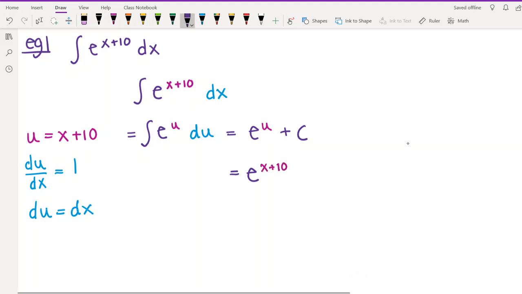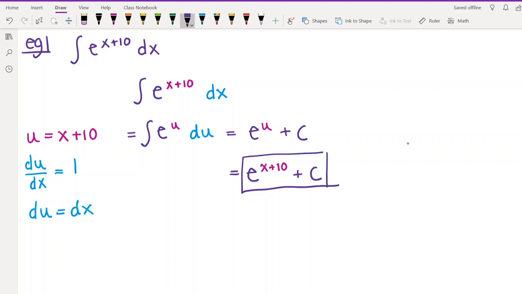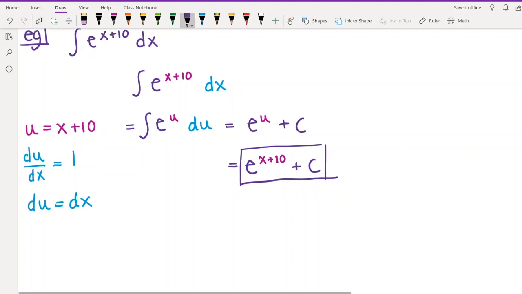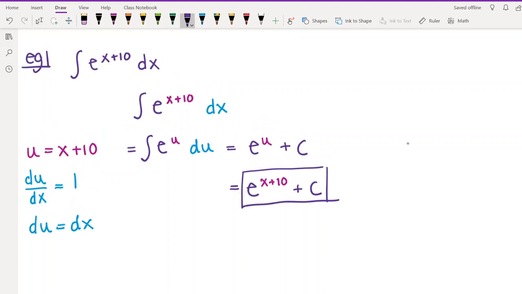So why am I saying you don't really have to use U-substitution here? Well, one thing that might be convenient to realize is that anytime you have an input that is just x plus or minus something, if you were to use the chain rule, the inside part of the derivative would just be 1, right?